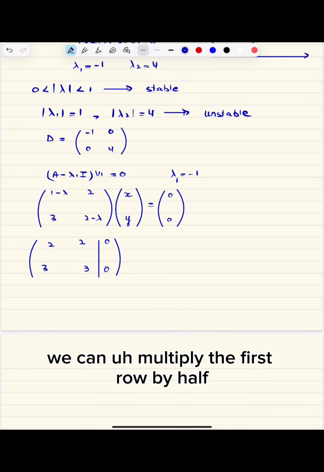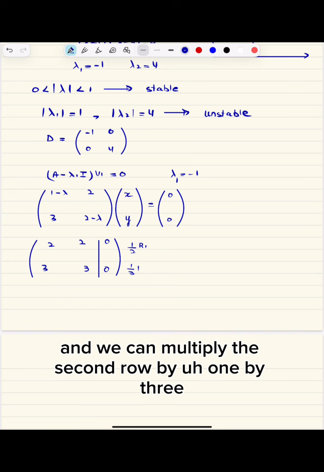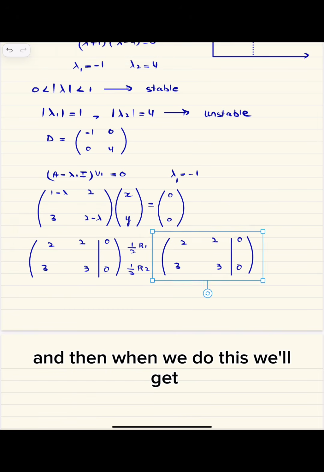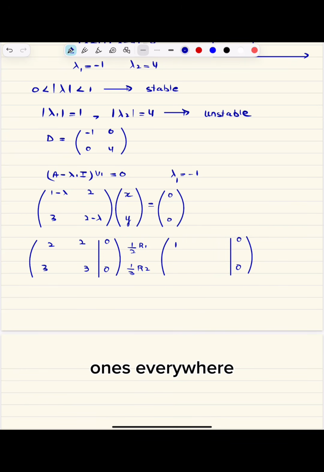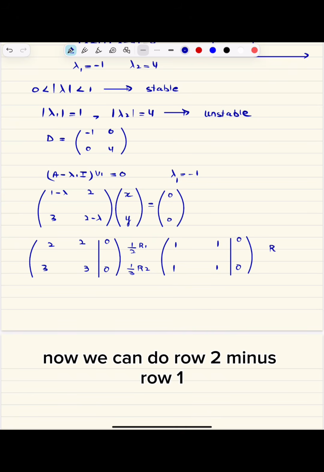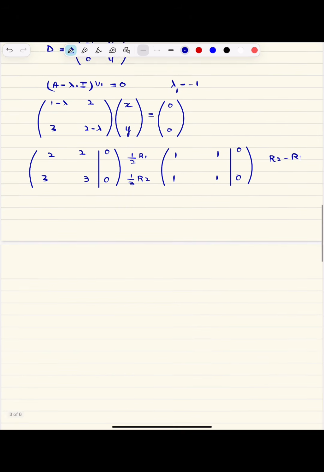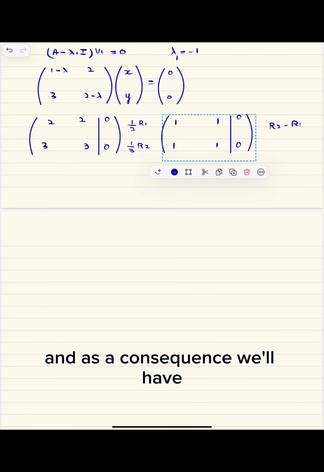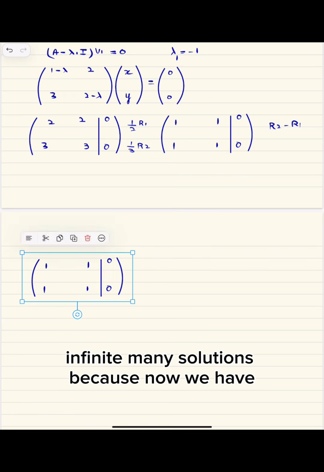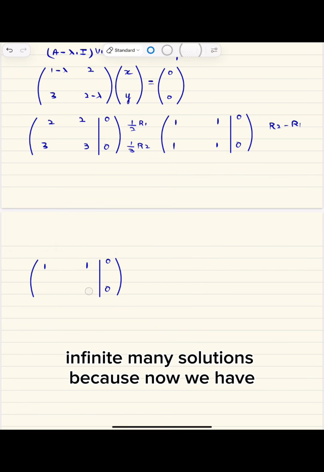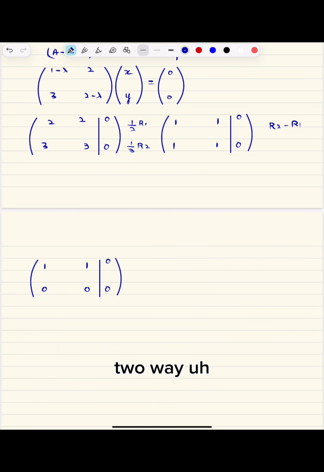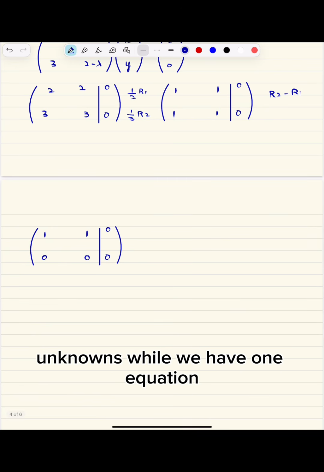Okay, we can multiply the first row by a half, and we can multiply the second row by 1/3, and then when we do this, we'll get ones everywhere. Now we can do row 2 minus row 1, and as a consequence we'll have infinitely many solutions because now we have two unknowns while we have one equation.